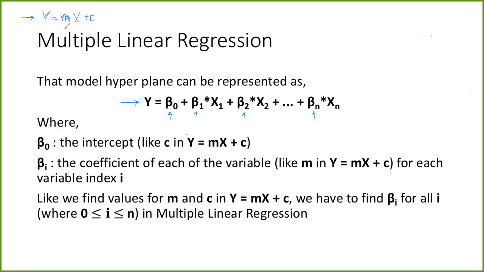So beta 0 is the intercept, like the c. And beta 1, beta 2, beta n are the other coefficients of this hyperplane. These are the x values, x1, x2, xn. So this hyperplane can be represented as y equals beta 0 plus beta 1 x1 plus beta 2 x2 and so on up to beta n xn. That is how we represent the hyperplane in the equation.